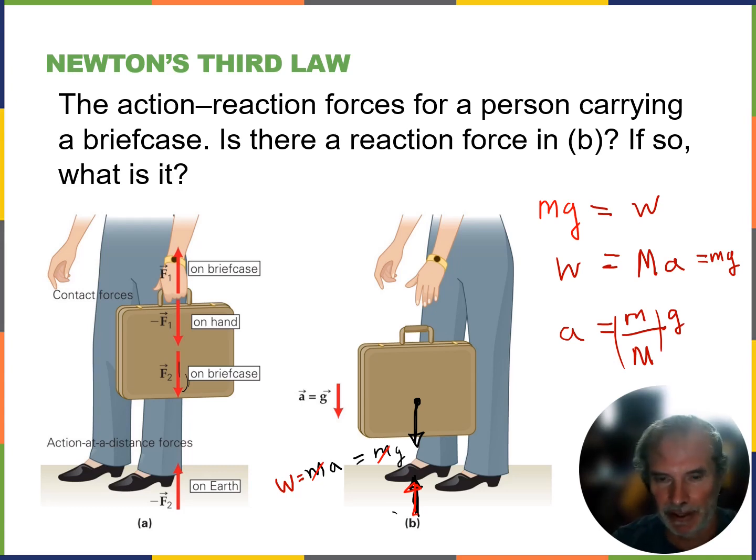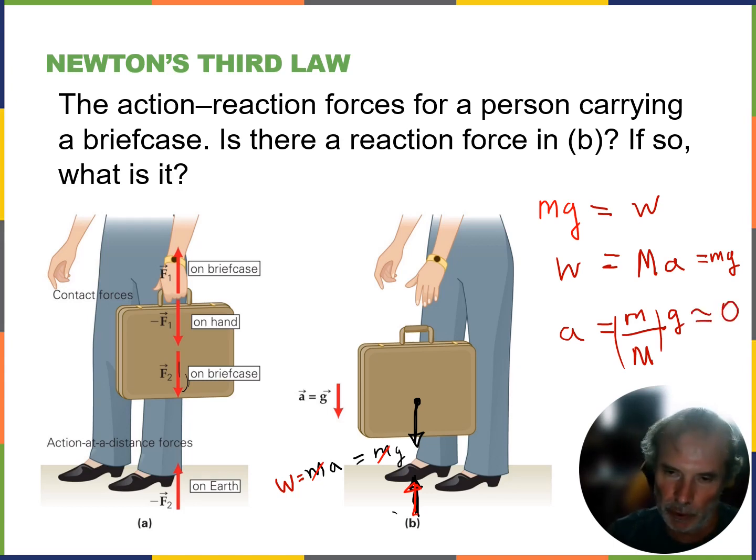Say he's got it filled with gold bullion and it's heavy. Doesn't matter. The mass of the Earth is so massive. In fact, in this picture right here, everything might as well be the Earth, because it's all connected to the Earth in a real sense. And the mass of the Earth, quantitatively, is like 6 times 10 to the 24 kilograms. So this acceleration will, for all practical purposes, be 0.